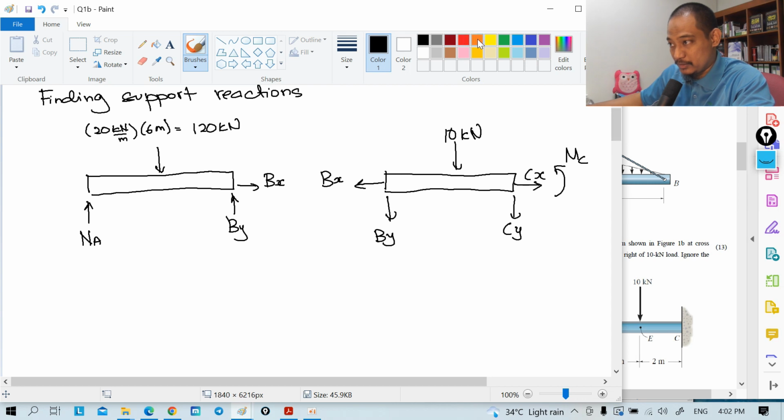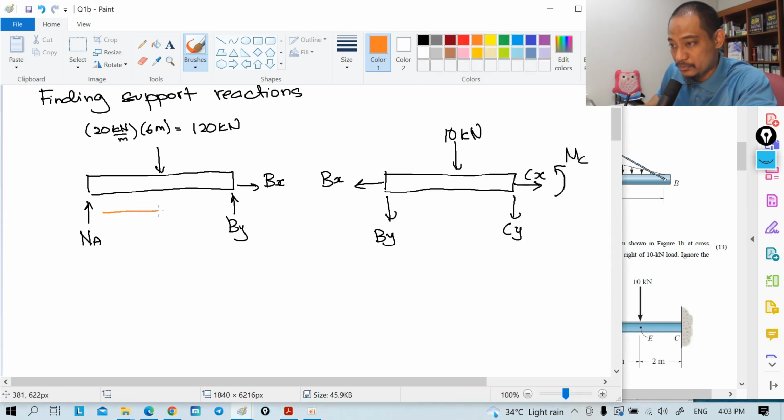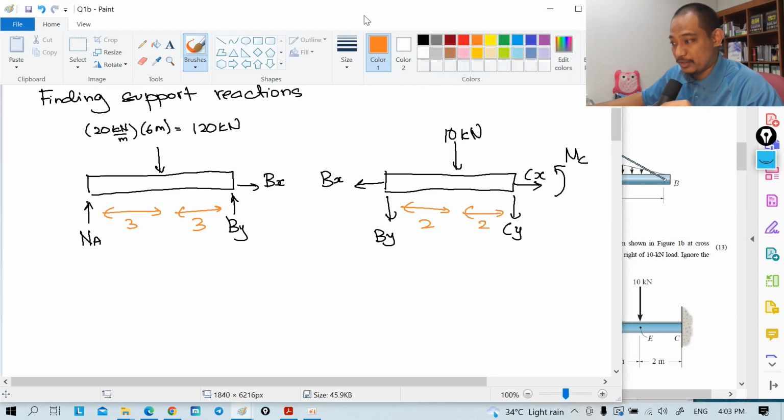Okay, what is not yet there is the distance, right? So you have 3 meter and 3 meter, and for this one 2 and 2. So this is 2 meter, this is 2 meter. Alright, so we have all the information, right? Ignore the width. To find this, this should be sufficient.